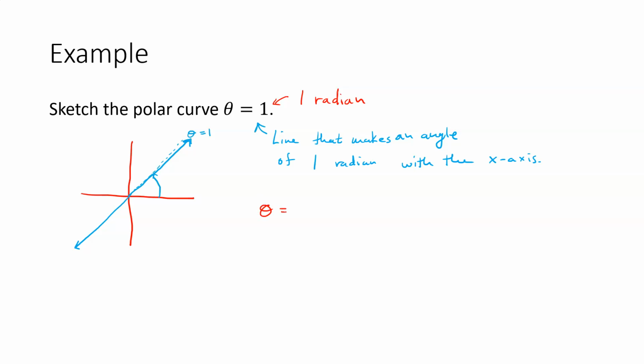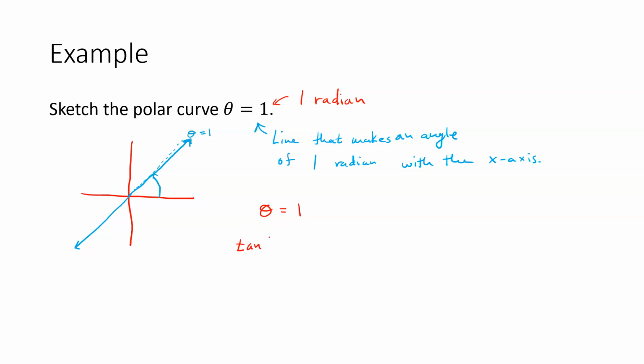Well, let's think. If I were to take theta equals 1, we know that we can convert the angle theta into Cartesian coordinates by using the relationship that tan of theta is equal to y over x.